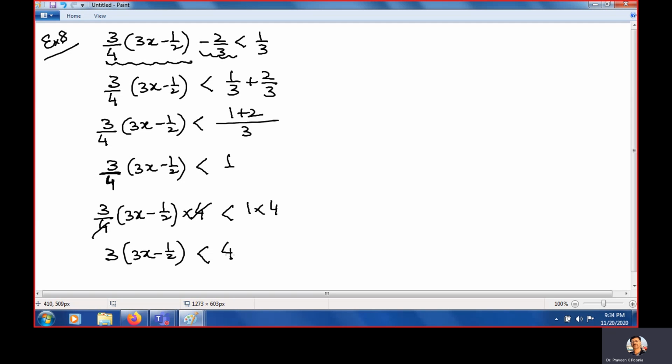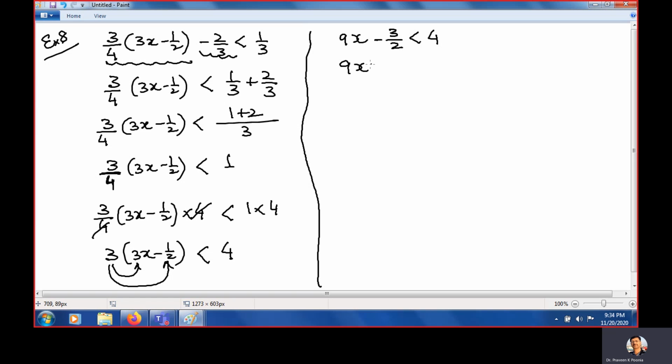Okay, so divide by 3 inside. What is it? 3 times 3 is 9x. And then if you multiply here, it is minus 3 times 1 upon 2, which is 3 upon 2, and less than 4. So 9x less than 4 plus 3 upon 2.